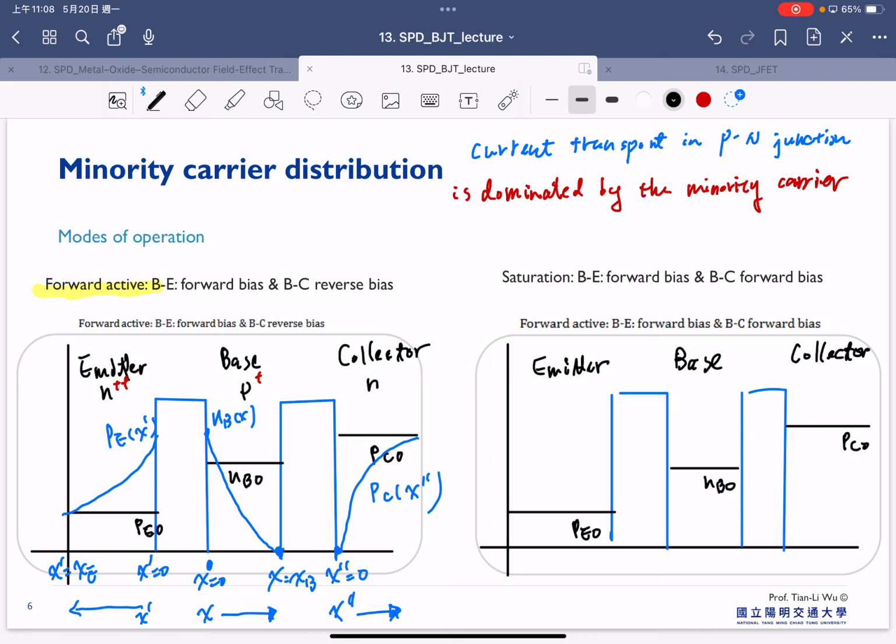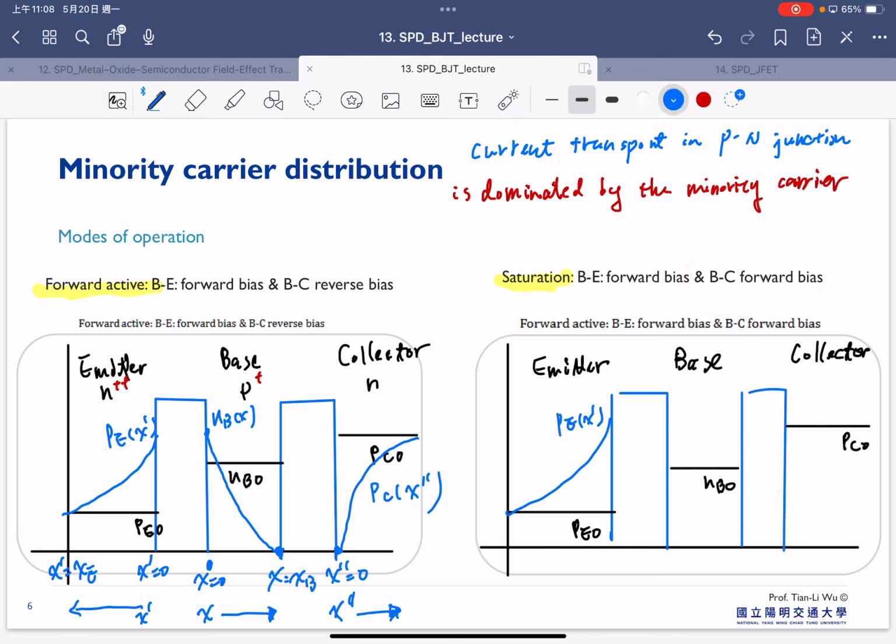And also similarly, this is saturation. That means the base-emitter is forward biased. So we can already expect it to look like this. This is forward, so it's very similar to this case. But right now, we also have forward bias in the base and collector here.